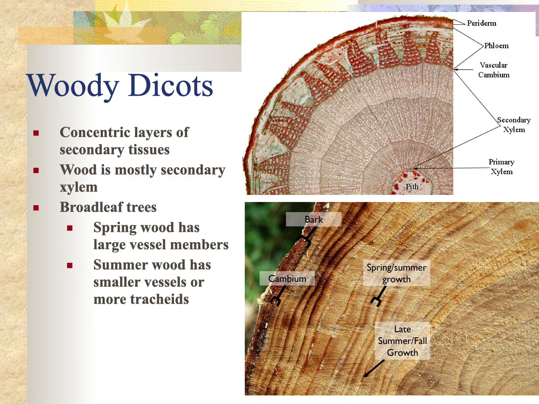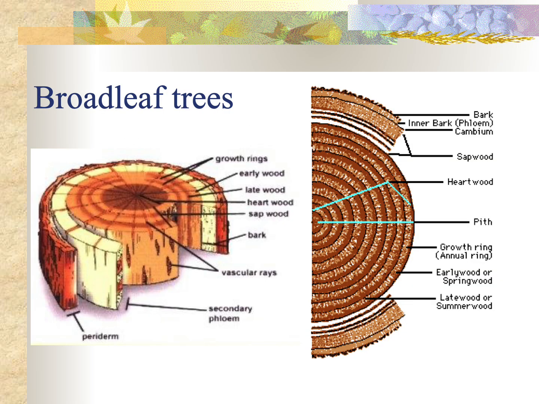Among the most important variances are the stems that produce wood. These are concentric layers of secondary tissue. Wood is mostly secondary xylem that you find in broadleaf trees and to some extent conifer trees as well. When we look at wood, there is a central area of heartwood, which is dead xylem that's no longer conductive.